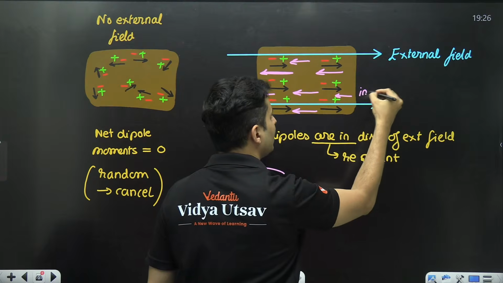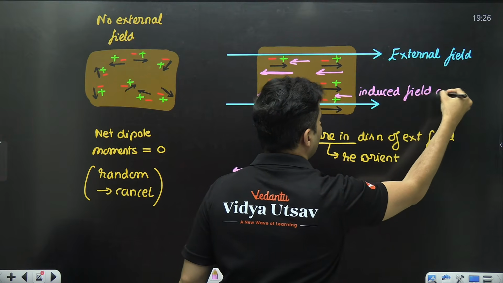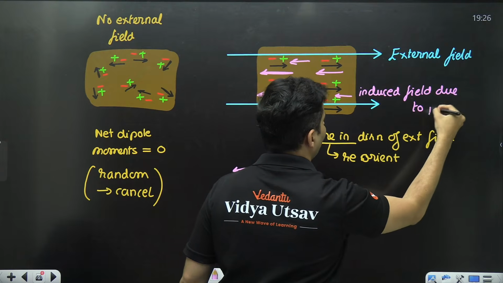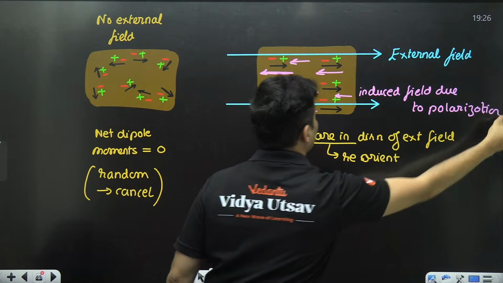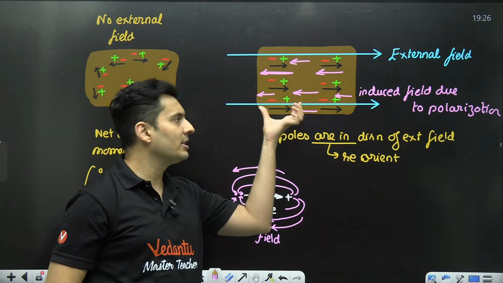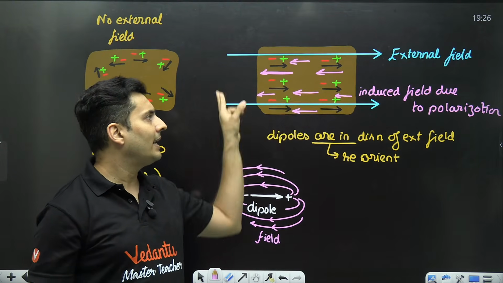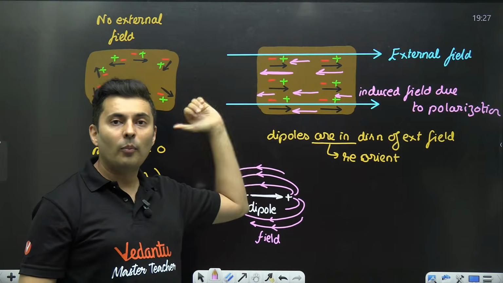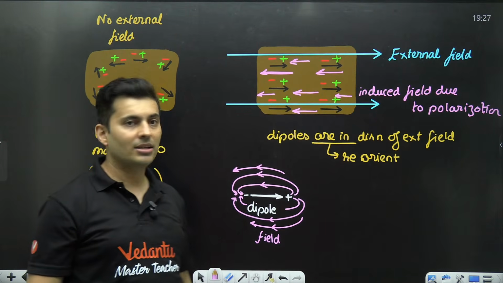So this is basically the induced field due to polarization. Polarization means there are two poles which are separated by some distance. So these are dipoles, and that is why the induced field is opposite to the dipoles by this logic, and it is opposing the external field.